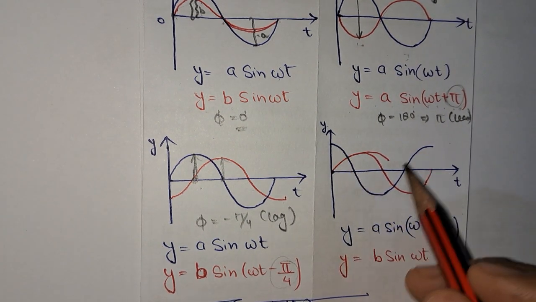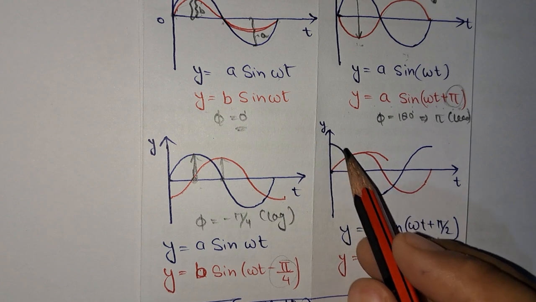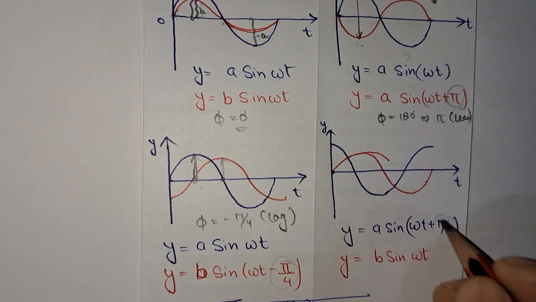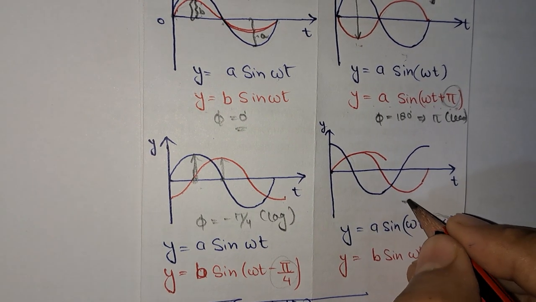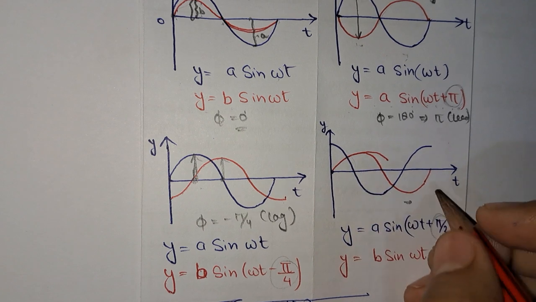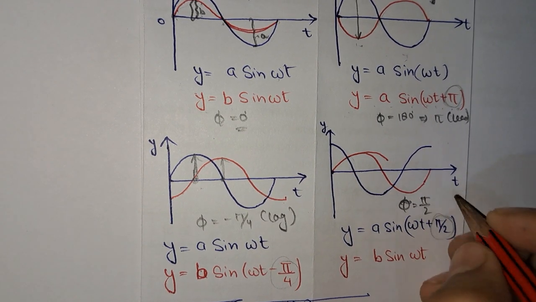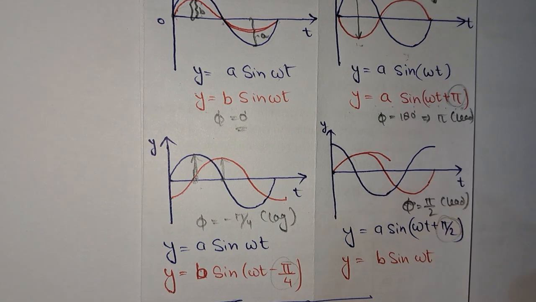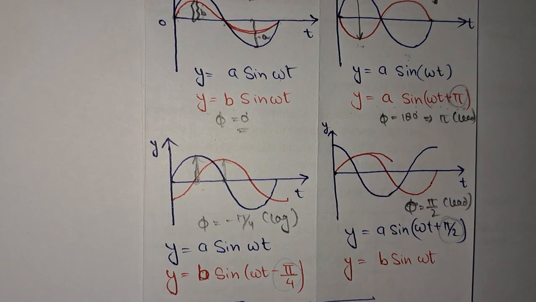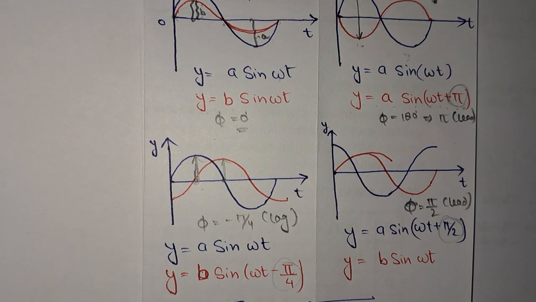Now the second, you can see that there is pi by 2 plus, meaning phi equals pi by 2, that is a lead for the first one. So in this manner you can see the phase difference of different waves.